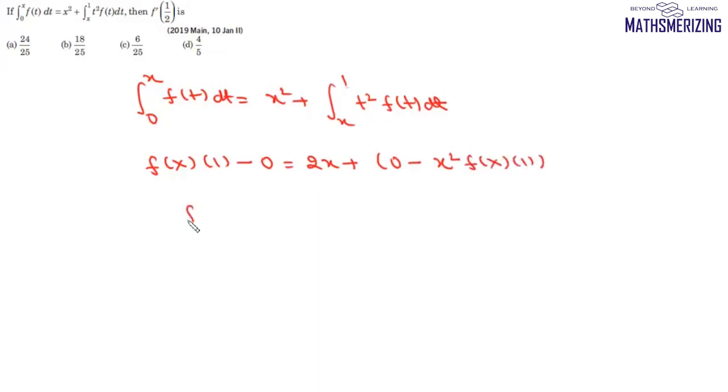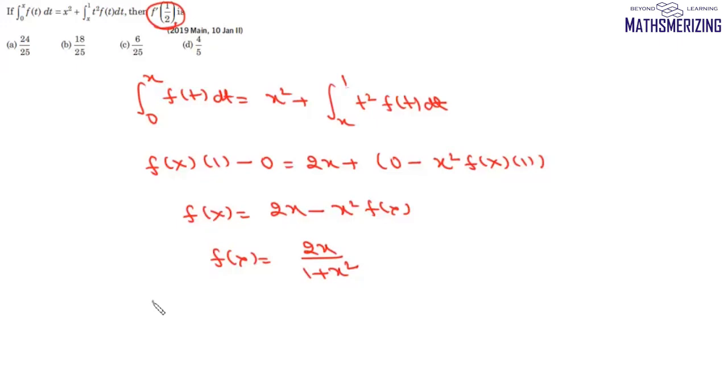So we can write f(x) equals 2x minus x square f(x), or the value of f(x) is 2x upon 1 plus x square. Now we need to find the value of f dash 1 by 2. So we'll differentiate this function.